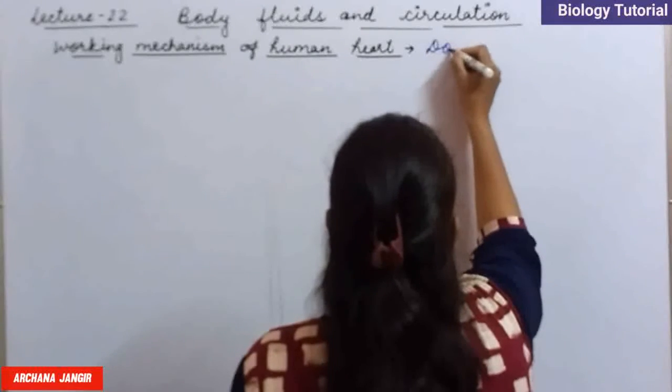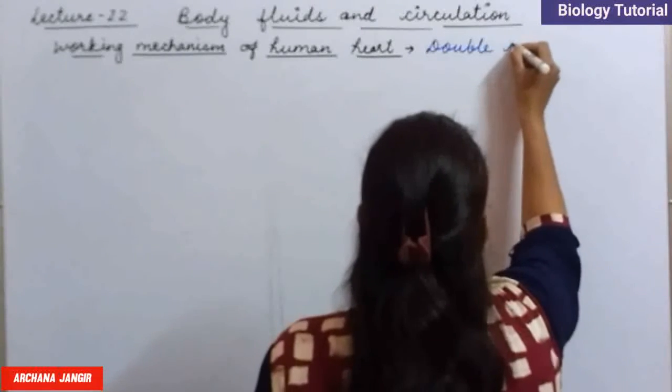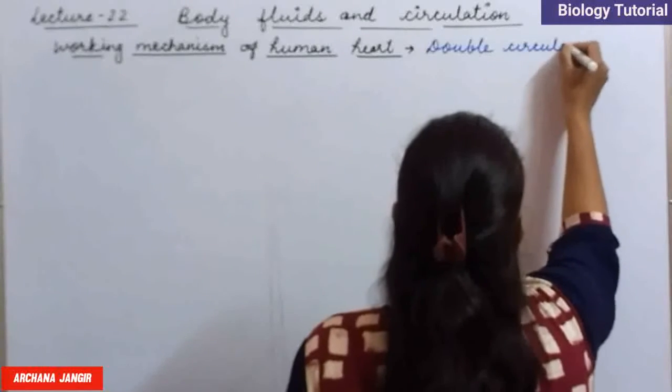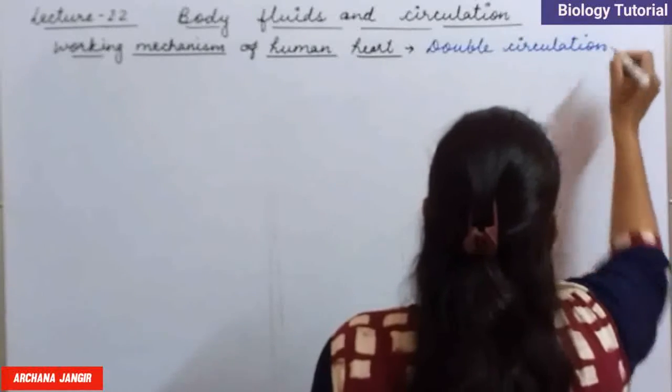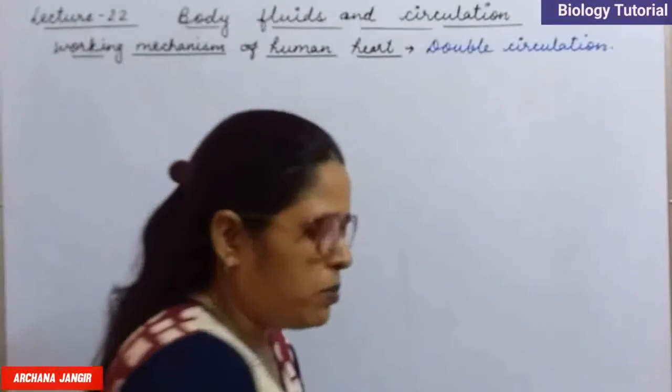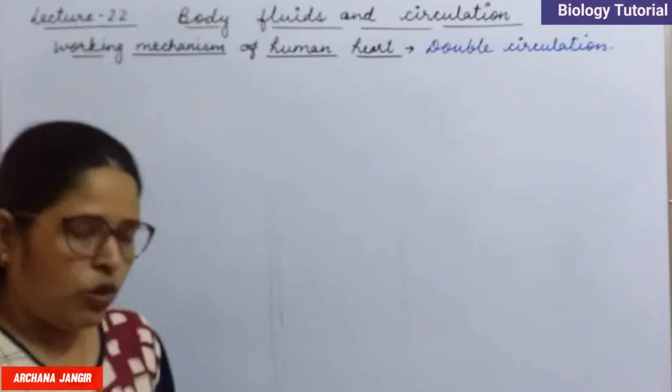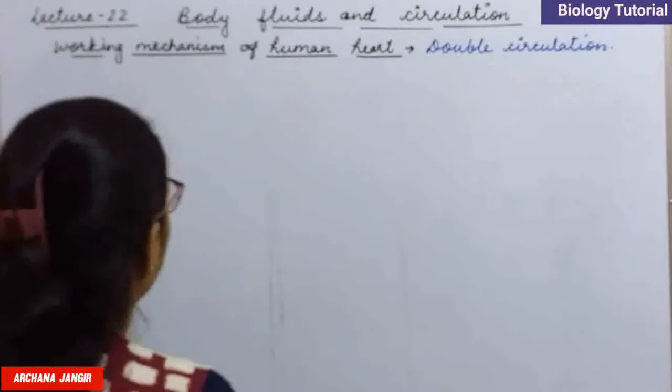So here double circulation is present. This double circulation is divided into two steps, that is systemic circulation and pulmonary circulation.